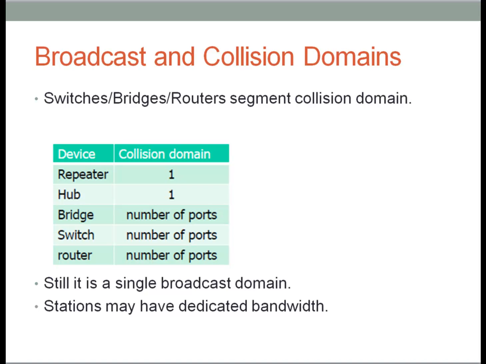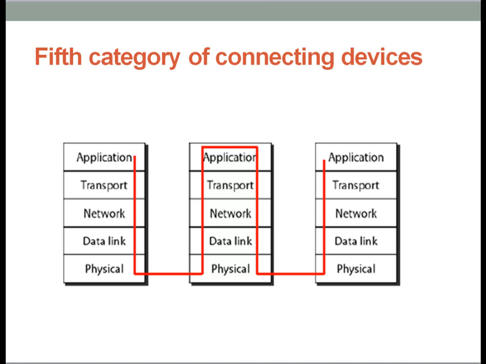Now the next one is the fifth category, the last category. What is the last category of connecting devices? It is called the gateway. Gateways, I already told, work in layer 7, that means the application layer. Okay, you can see, this is the first machine and this is the second machine, and I'm going to connect them in layer 7.